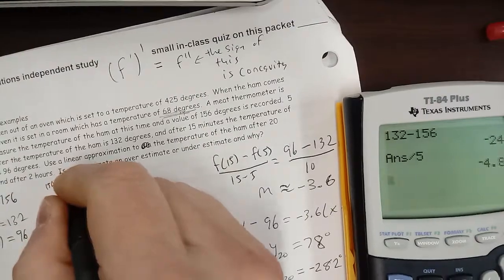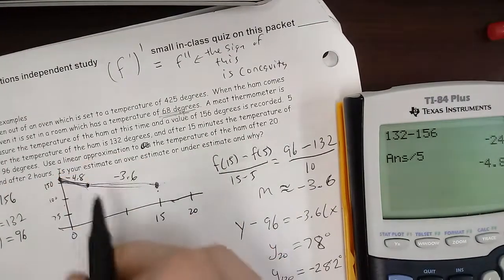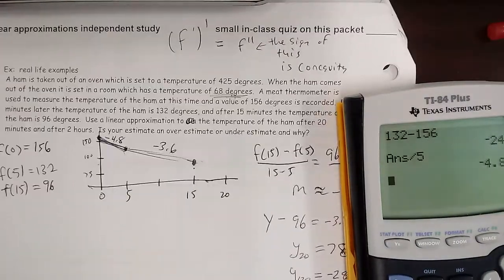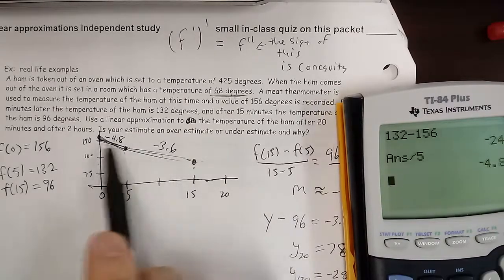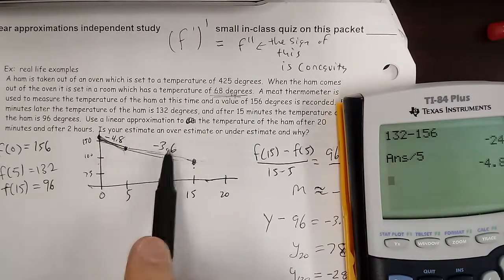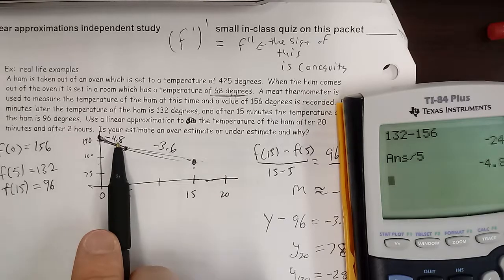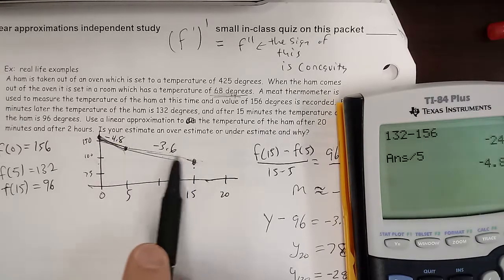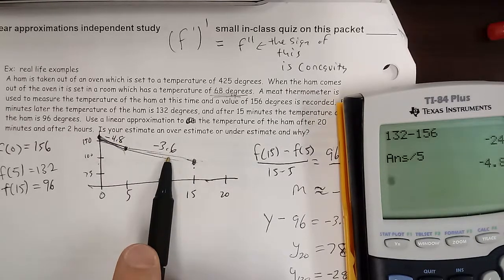So it decreased negative 4.8, then it decreased negative 3.6. Our rate of change is getting higher. So I'm decreasing by 4.8, then I'm only decreasing by 3.6.